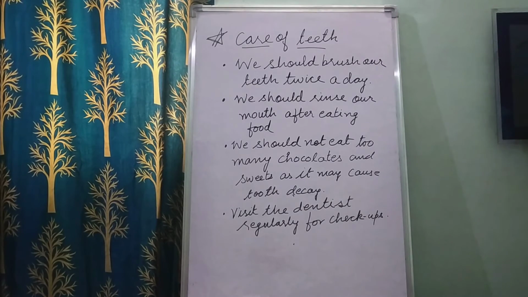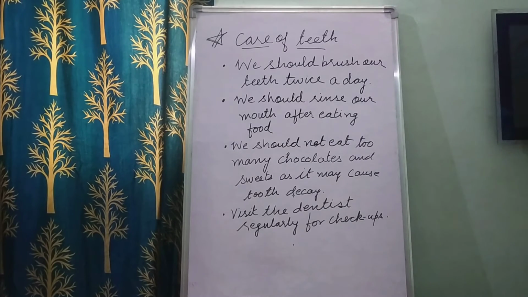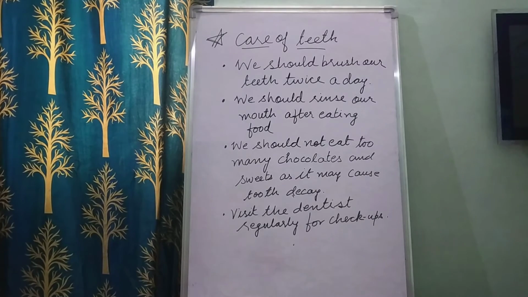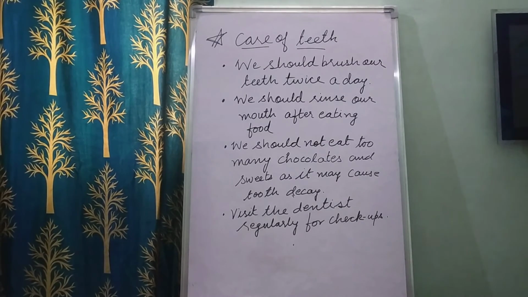Now, children, further we'll be talking about how to take care of teeth. Proper care of teeth is very important. When you are eating, what happens? The tiny bits of food get stuck in spaces between our teeth.